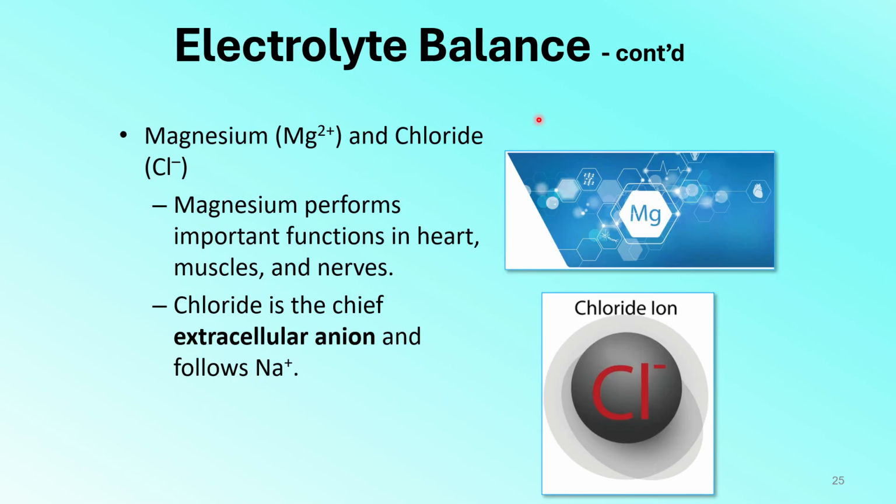Magnesium, while a distant, smaller influence overall, is still a big one for muscle contraction, heart contraction, and neurologic function in a more specialized way. So we regulate it quite significantly.